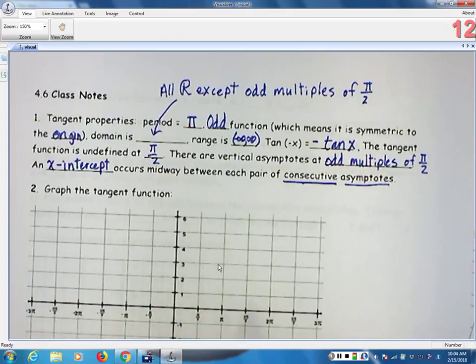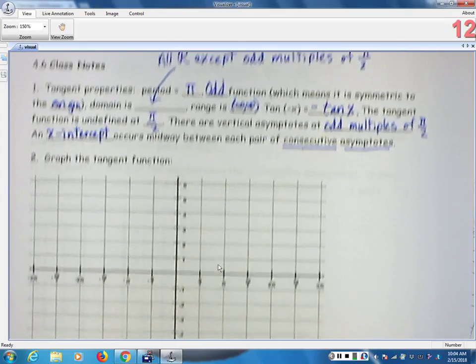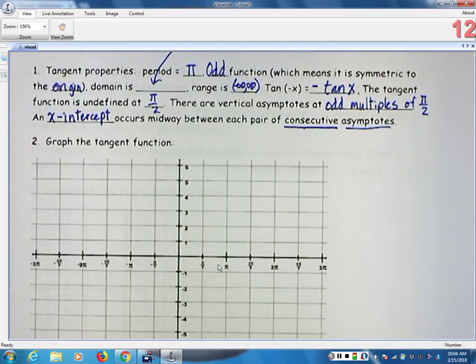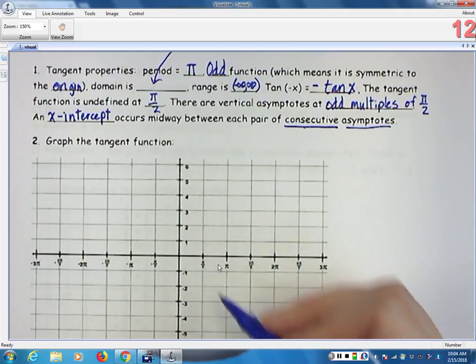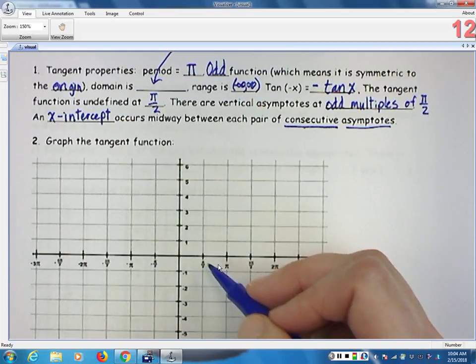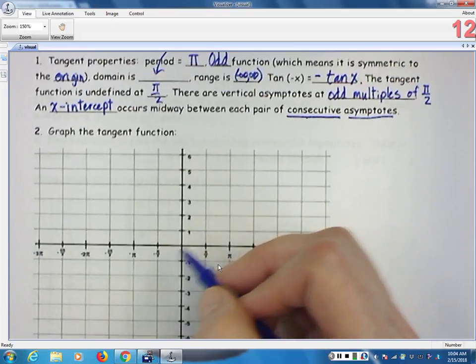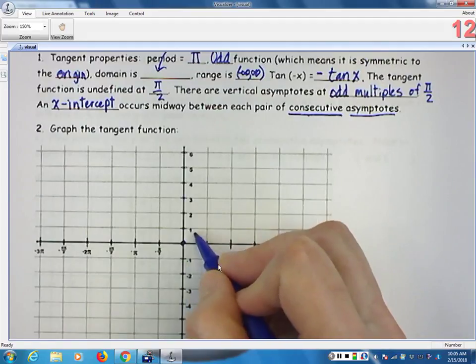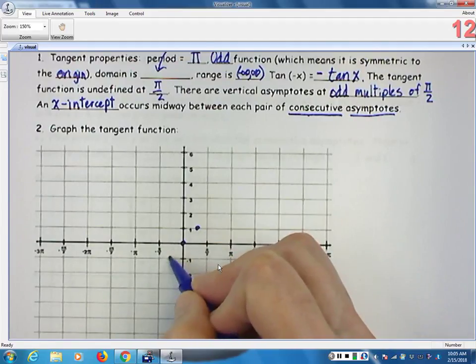So here's the graph of it. We graphed just one cycle right here. We've got this point, and this point.